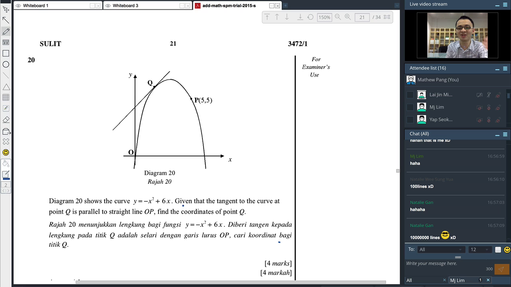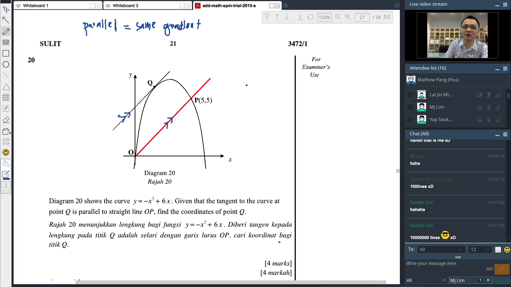Given that the tangent to the curve at point Q is parallel to OP. So I will need to draw a line OP. I assume OP is parallel to the tangent at Q. Parallel, you must know the meaning. If until now you do not know, it's very dangerous for you. Parallel means same gradient.